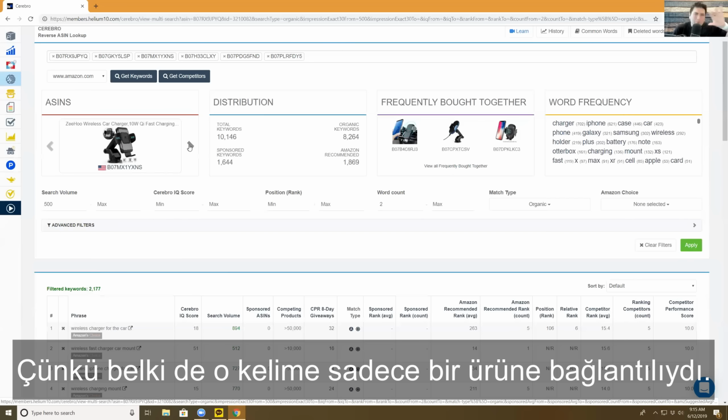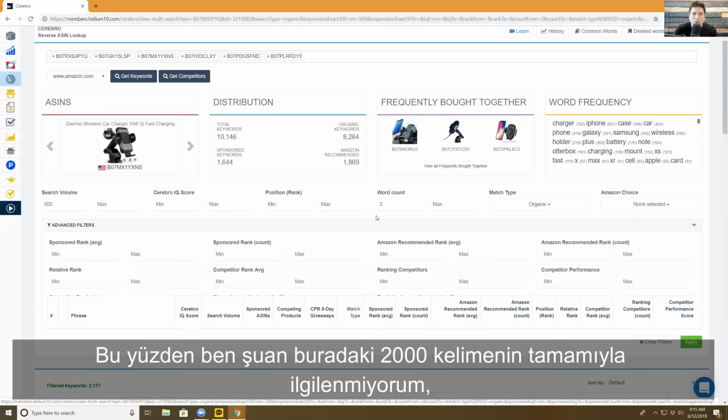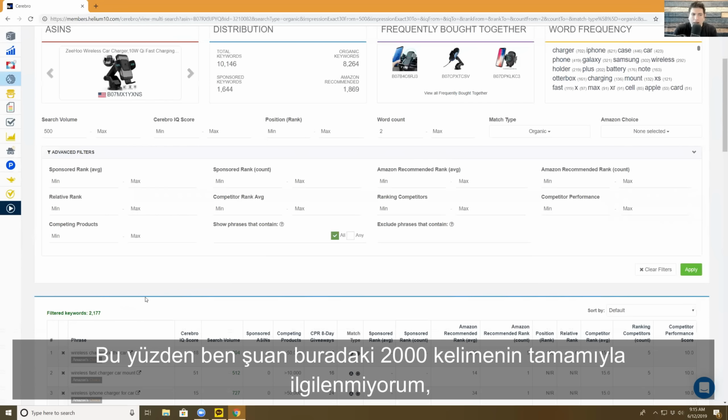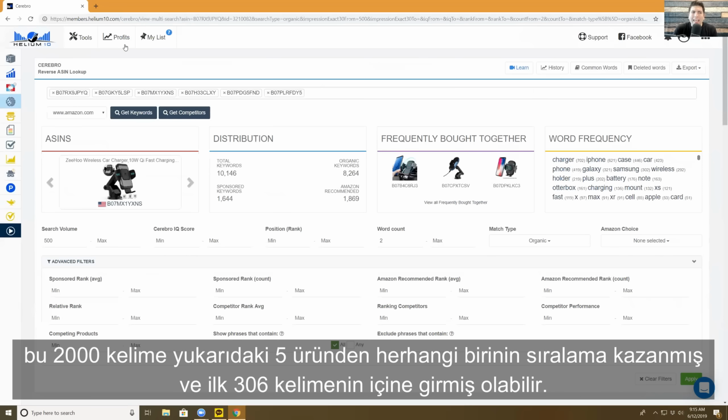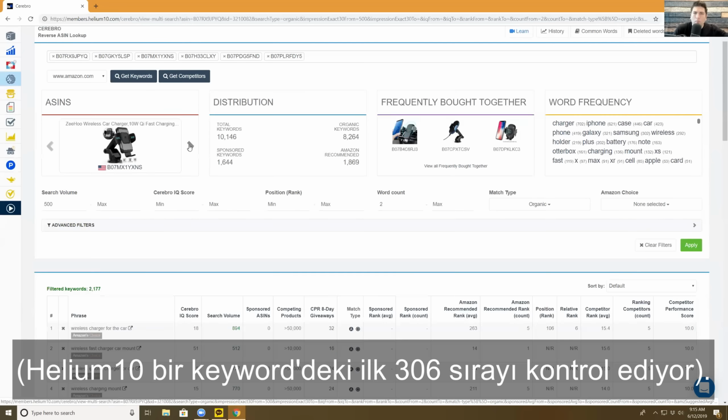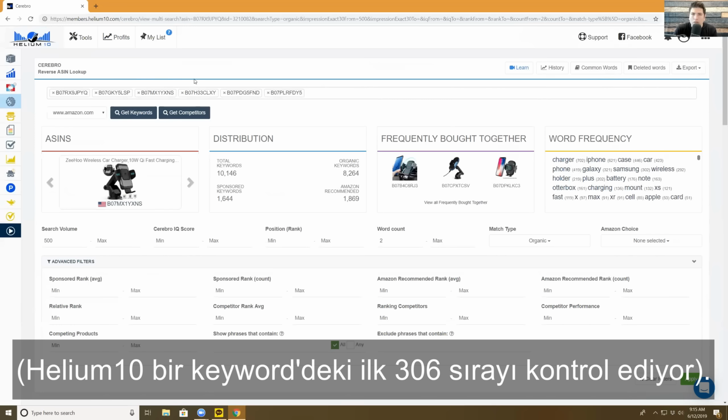The reason is maybe it was only relevant to the one product, right? So what I like to do is say, don't show me. Right now, these are the 2,000 keywords that any one of these products is ranking for in the top 306, all right?